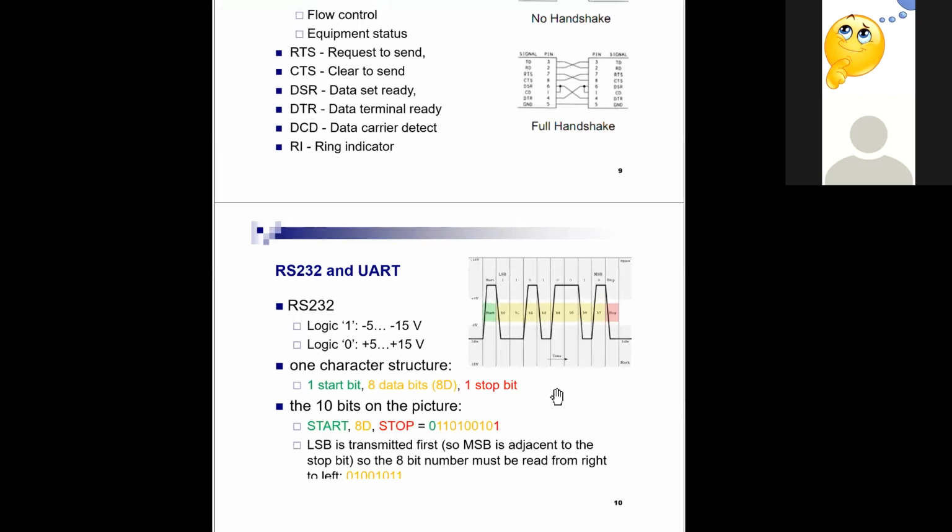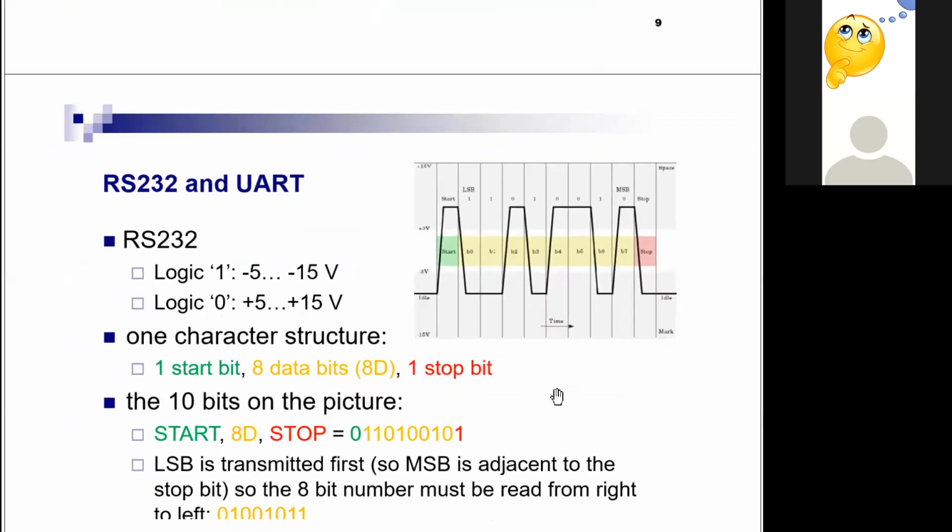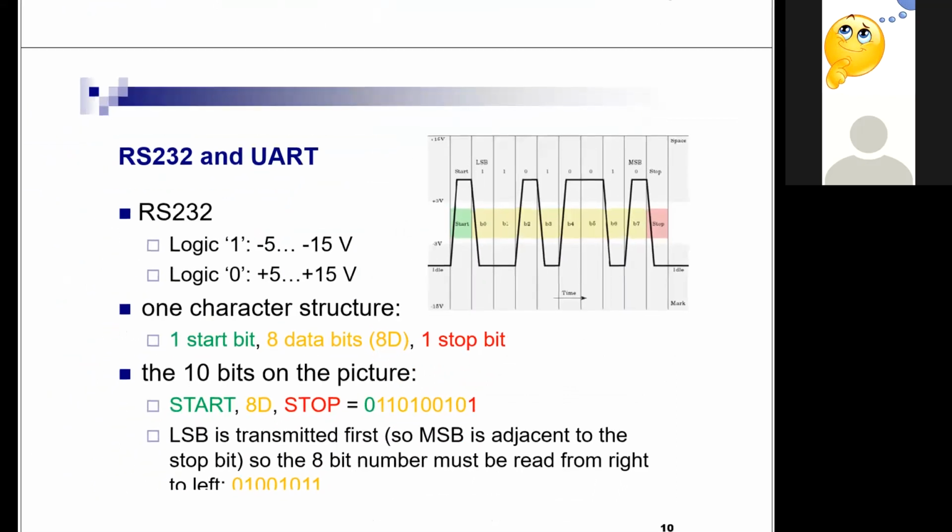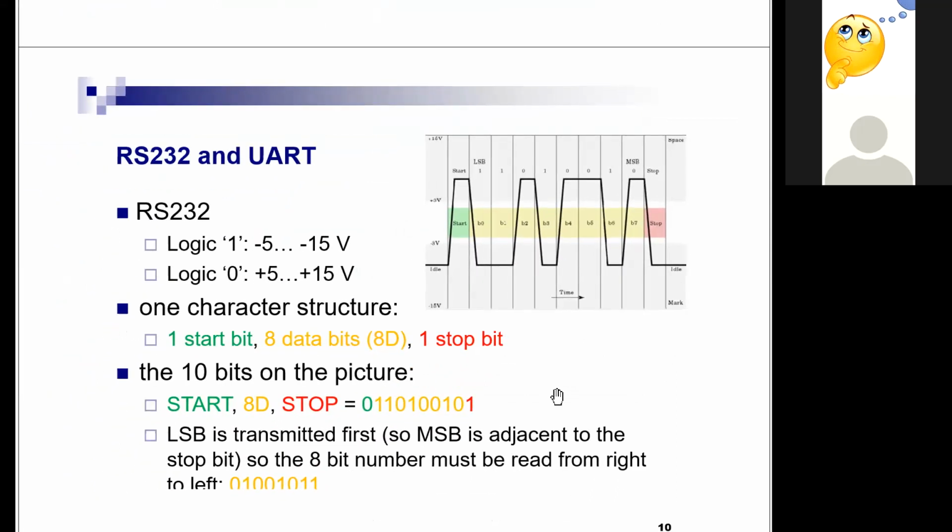I think this figure will help you. You can see that logic 1 is minus 5 to minus 15 volts, so whenever it detects a negative voltage, it means logic 1. Logic 0 means a positive voltage level. This standard was approved by the communication protocols.